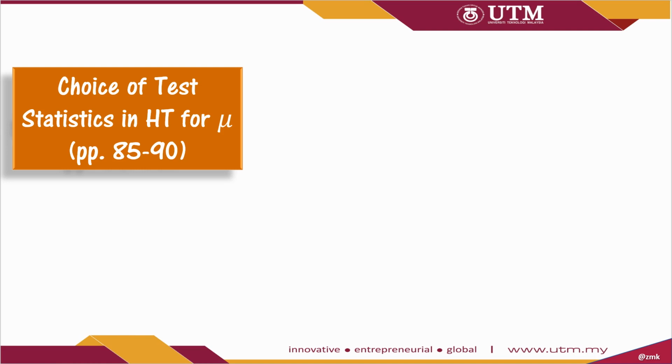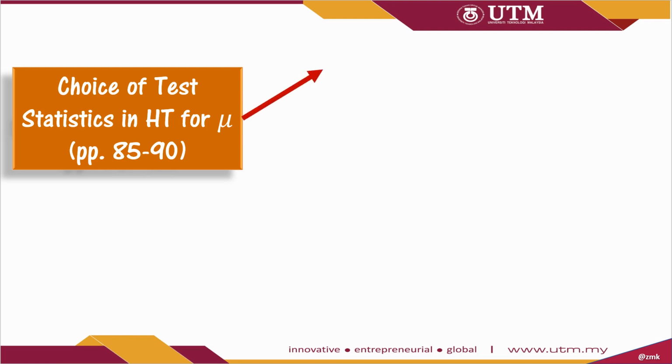This slide, however, provides a summary of what has been explained in the textbook. Now, what are the 3 cases and the corresponding test statistics? The cases are actually the same as what you have learned earlier in Chapter 3 on estimation. Hope you can recall Chapter 3 and try to make a connection with Chapter 4.